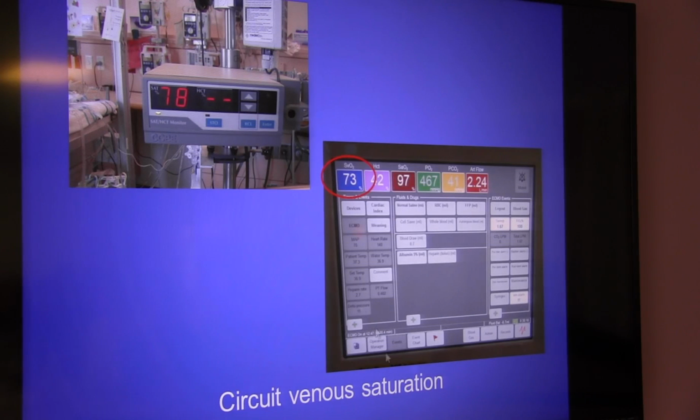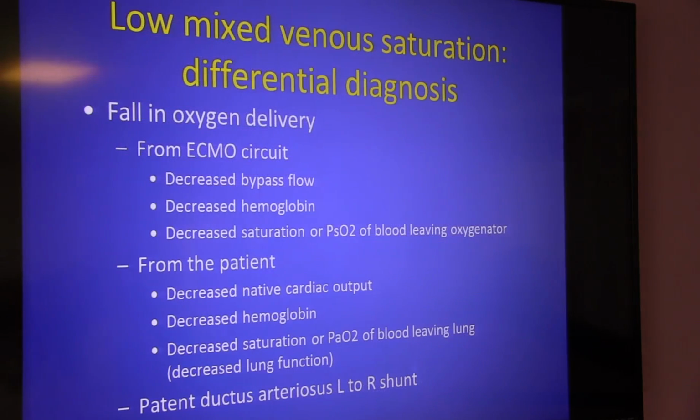And then we talked about where we see this: this is our stat crit monitor, and you can also see it on the big display that's got a piece of paper over it. So how do you troubleshoot? If you have a low mixed venous saturation, you really need to think about what my problem is.